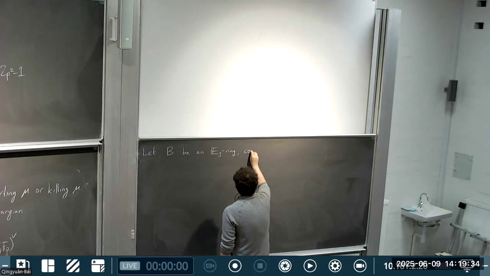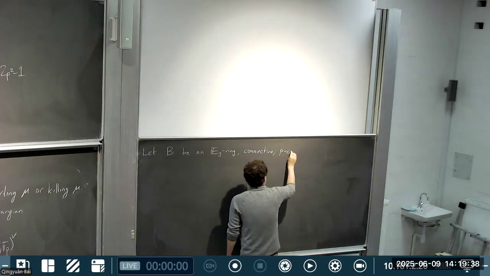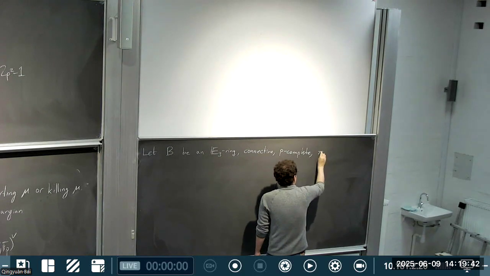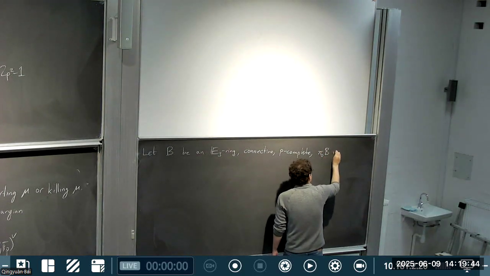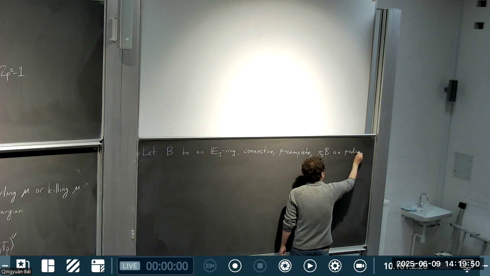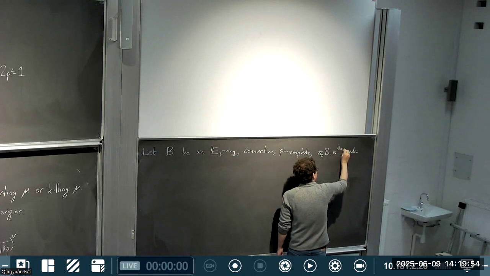And we'll say it's connective. Let's complete. Let's say pi 0 would be, let's say, the ring of integers in a local number field.